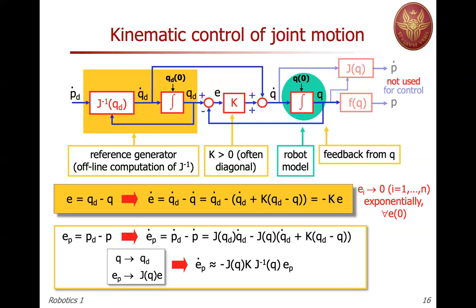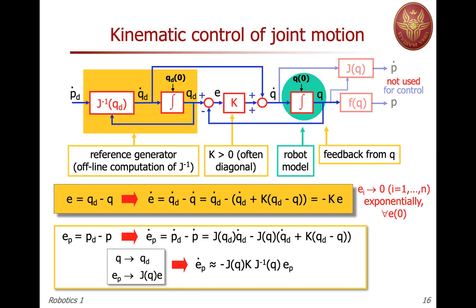So you can approximate saying that q is locally around q desired. So you can make a Taylor expansion, replacing q in the Jacobian, which is the only nonlinear term in this expression. You linearize this around q desired, and you throw away any product of higher order terms.